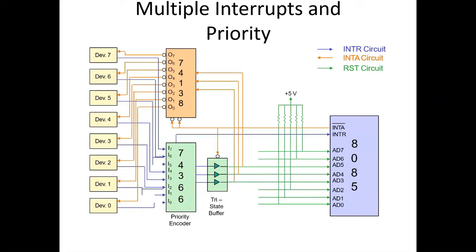This is the layout of multiple interrupts and priority. The 8085 can be thought of as having 5 internal interrupt signals that correspond to the 5 external interrupt pins. Only when the internal interrupt signal is activated does the 8085 get interrupted, provided higher priority internal interrupt signals are not active at the same time.